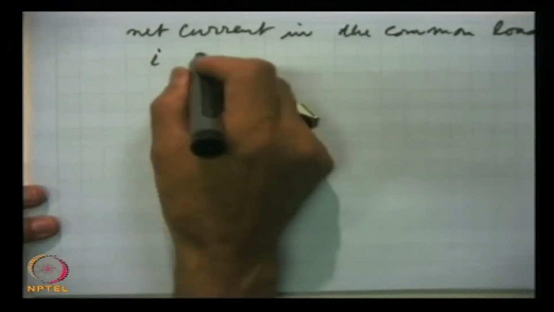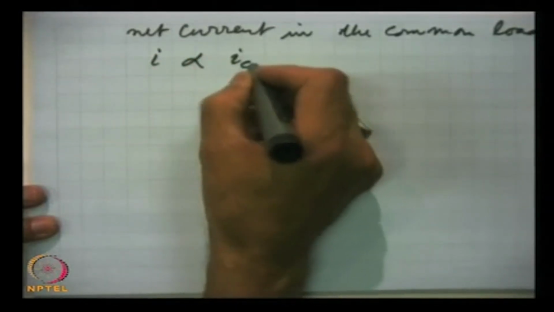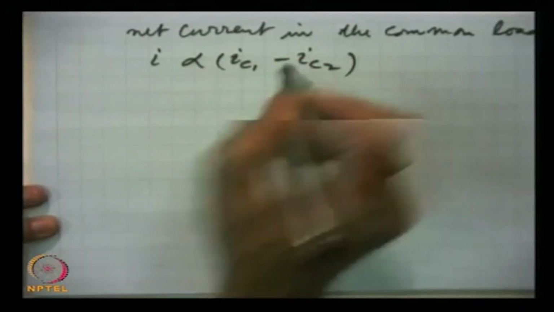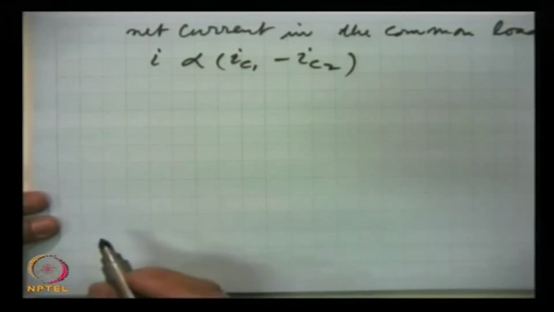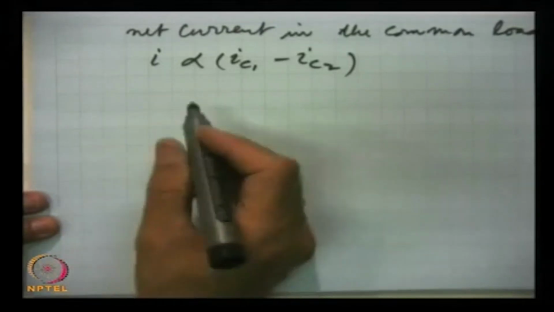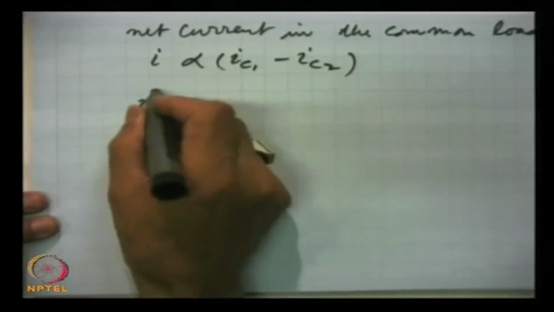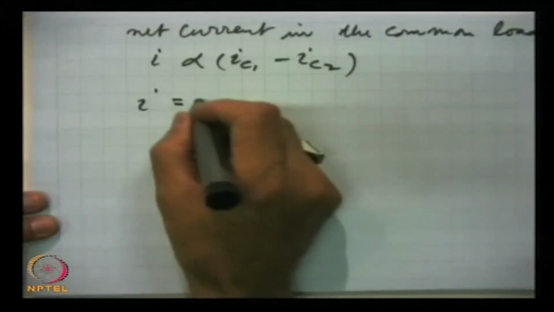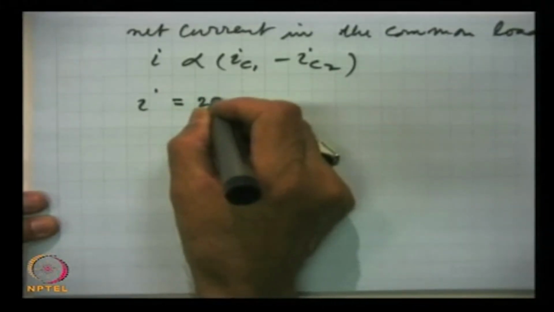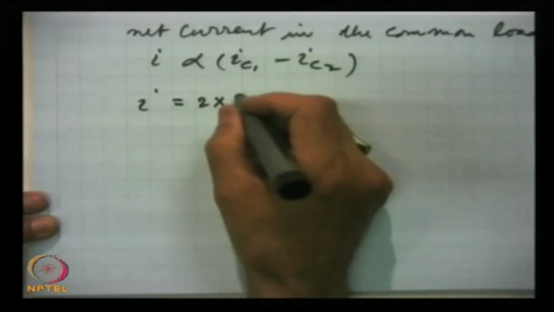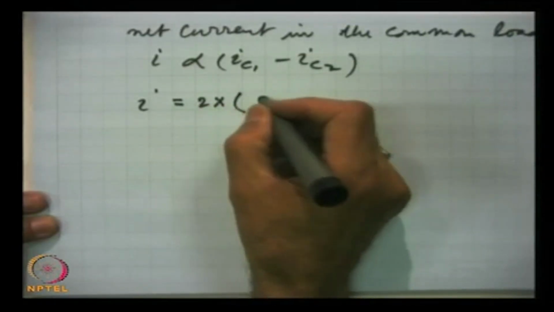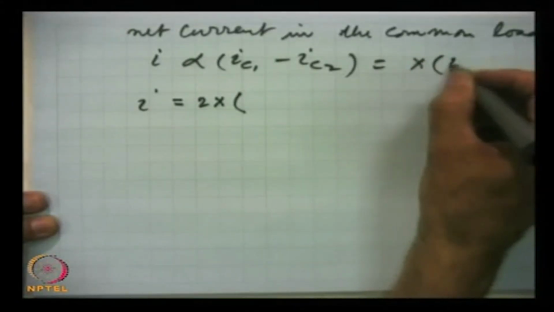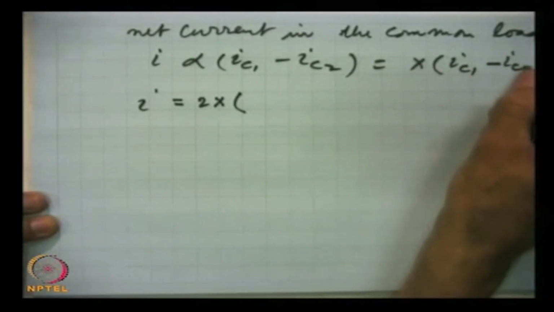I will be proportional to the difference of these two currents, and therefore we can write I will be equal to some constant x, this is equal to x (IC1 minus IC2).